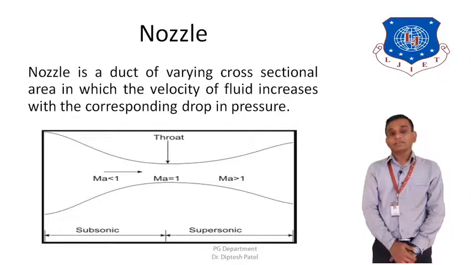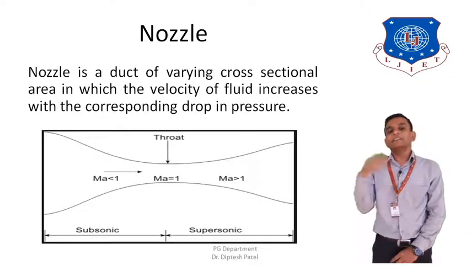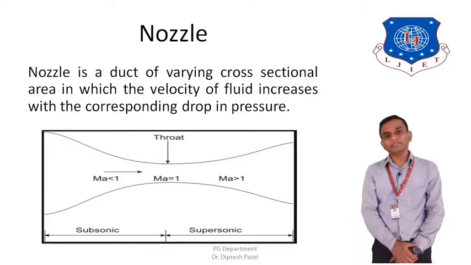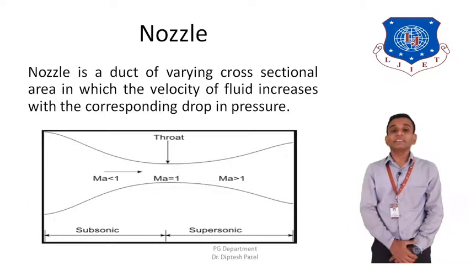Now, the change in these fluid parameters would be different for different types of flow. For example, let's consider incompressible flow in which a fluid is flowing through the closed nozzle. Here the velocity would increase because of the reduction in head.